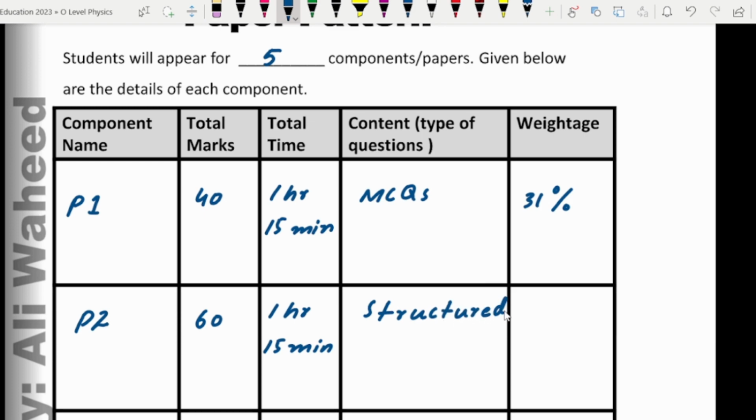Those who have appeared in O levels would be very familiar with it. What do we call paper 2? Structured questions. 46% of your AS grade would be based on paper 2.